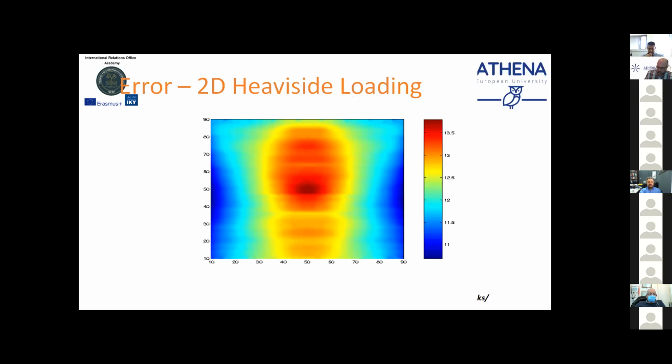Here are some pictures of the error between real and measured quantities for a plate with a defect in the middle. The absolute minimum is the position of the defect. But you see some parasitic local minima here. That means the y coordinate is more difficult to find due to this non-convexity.